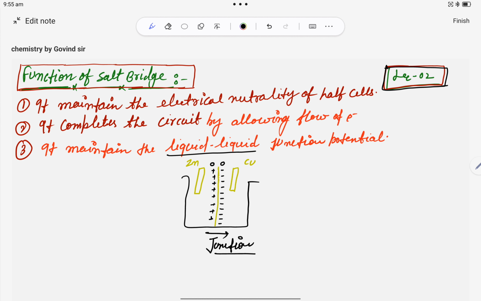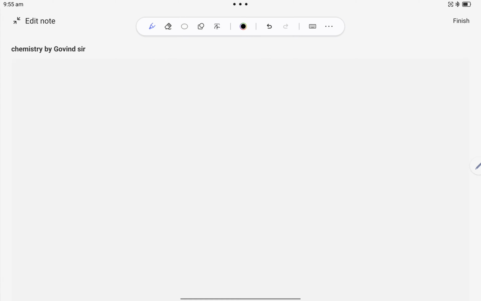Now I told you in the last video that in the salt bridge we have to use an inert electrolyte. So what are the conditions for the inert electrolyte that we will discuss? Condition for electrolyte: whatever electrolyte we fill in the salt bridge, what conditions are required?